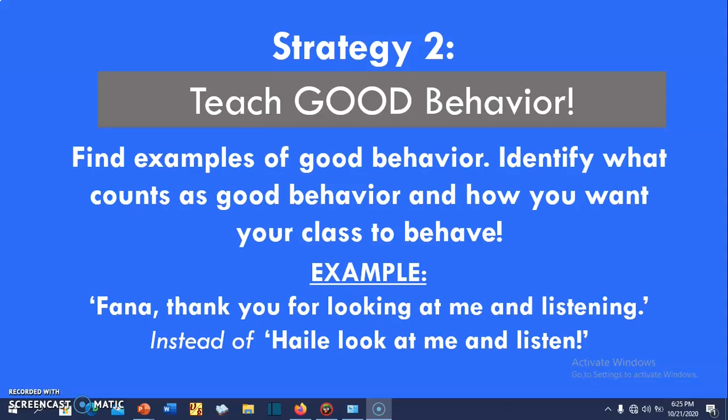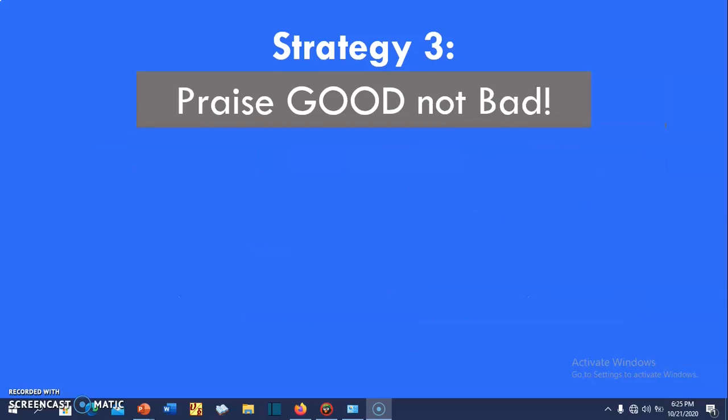Find examples of good behavior. Identify what counts as good behavior and how you want your class to behave. For instance, Fana, thank you for looking at me and listening, instead of saying, hey, look at me and listen, which is aggressive.